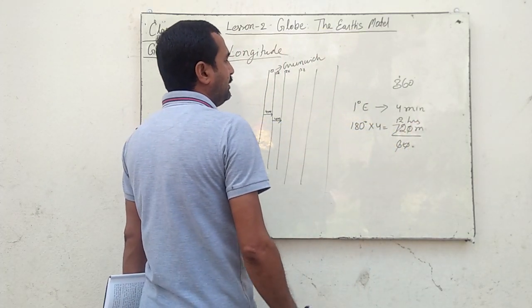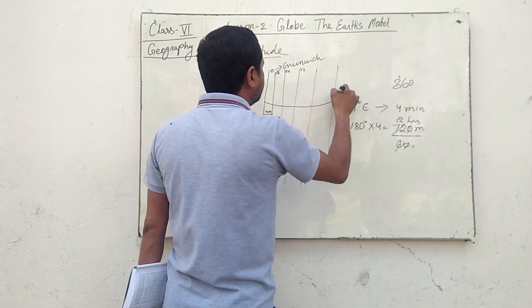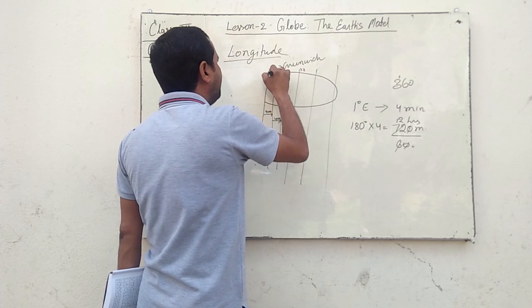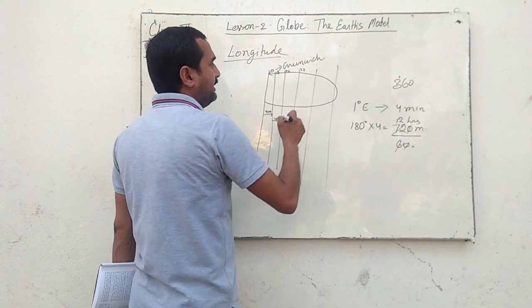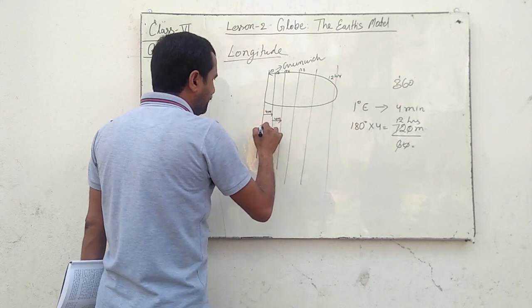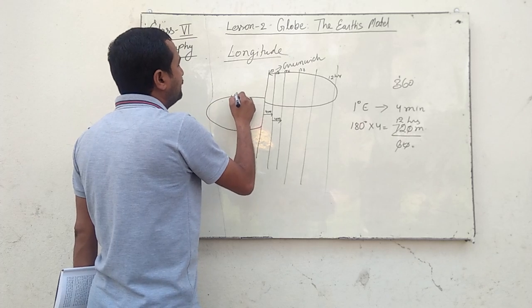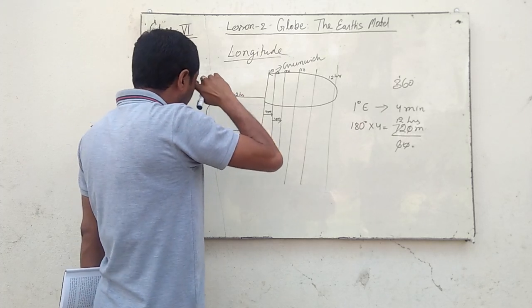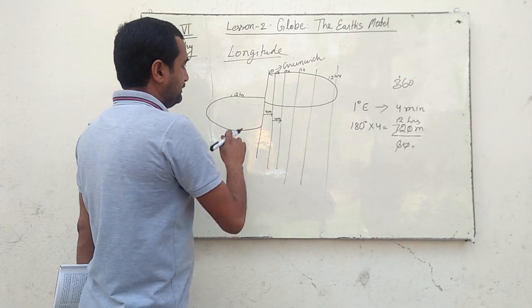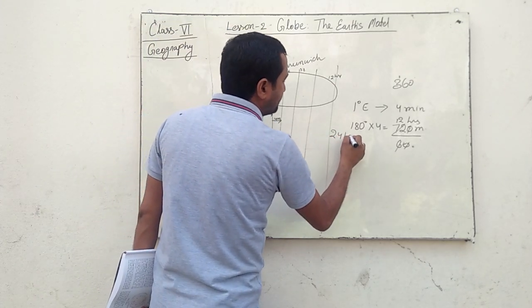Now this 12 hours, if we cross the 180 degree east line, it is 12 hours. And from the west, if we cross this line, again it is 12 hours. So the total difference is of 24 hours.